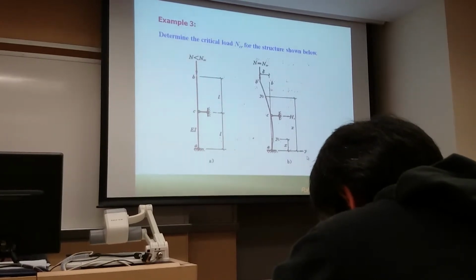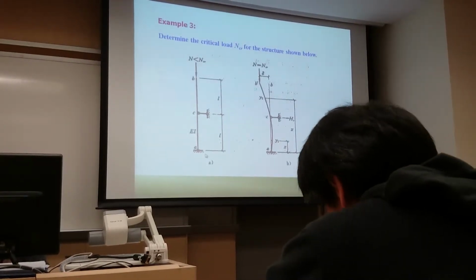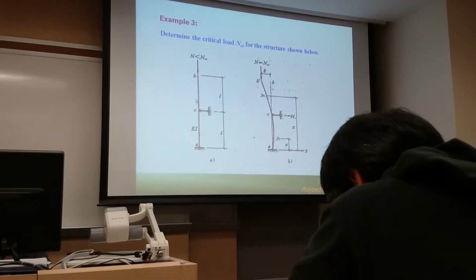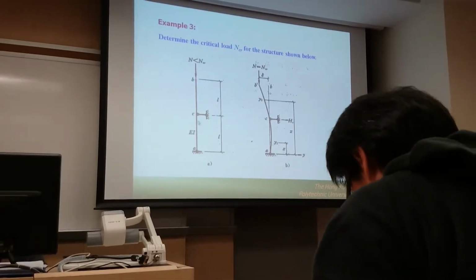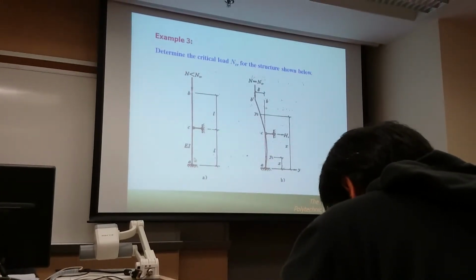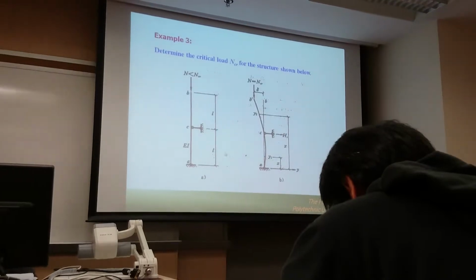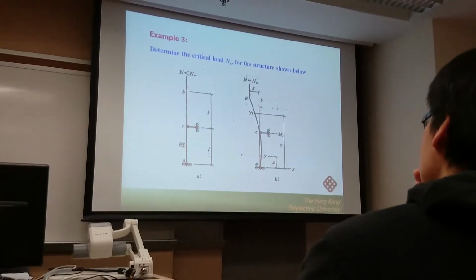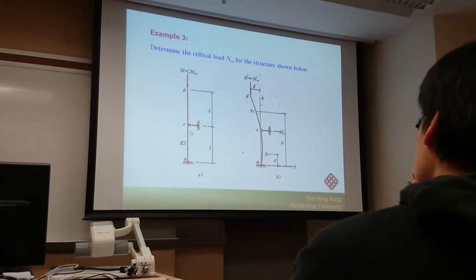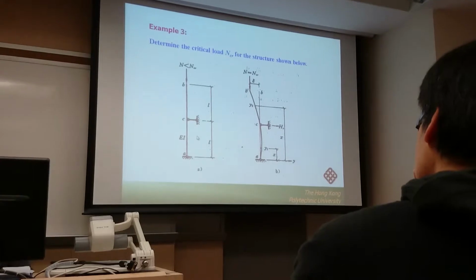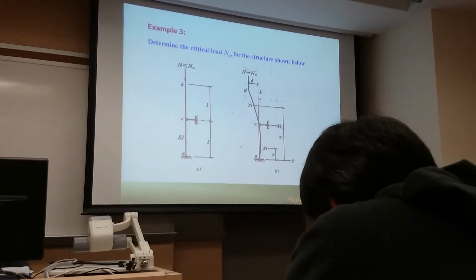In this final example, I provide you two segments, and both are flexural structural components. Because the moment for the two segments will be different, the expression will be different. So you have to write down the governing equation segment by segment.